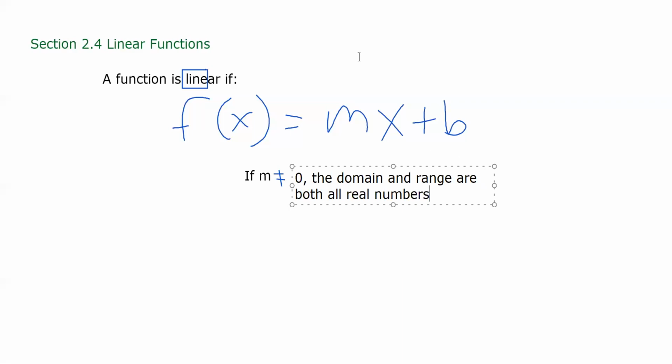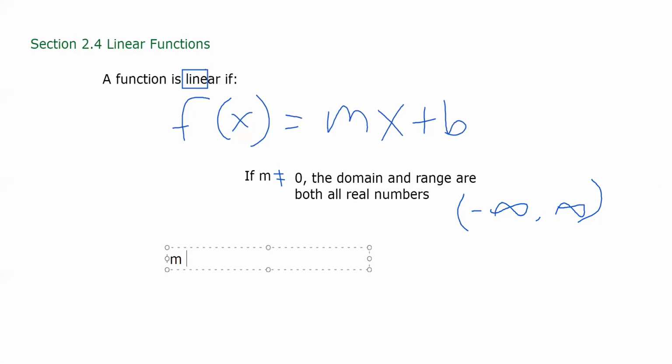The entire number line, which you may recall can be written as negative infinity to positive infinity. And that's actually interesting. That's not always true. We talked about last time some of the cases where that wasn't going to happen, especially if you're bringing square roots into it, or if you're dealing with rational functions where you're dividing and your variable is in the denominator, there's a chance that that's going to break up your domain a little bit. But for linear functions, as long as you have a non-zero slope, you're good to go.